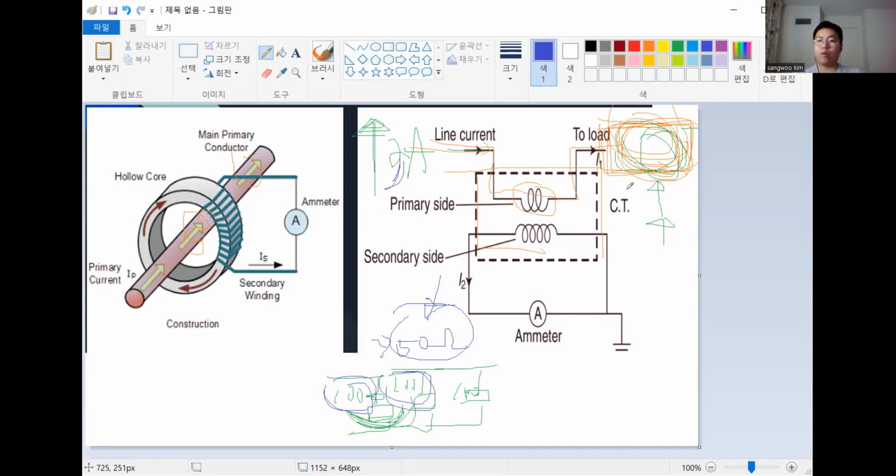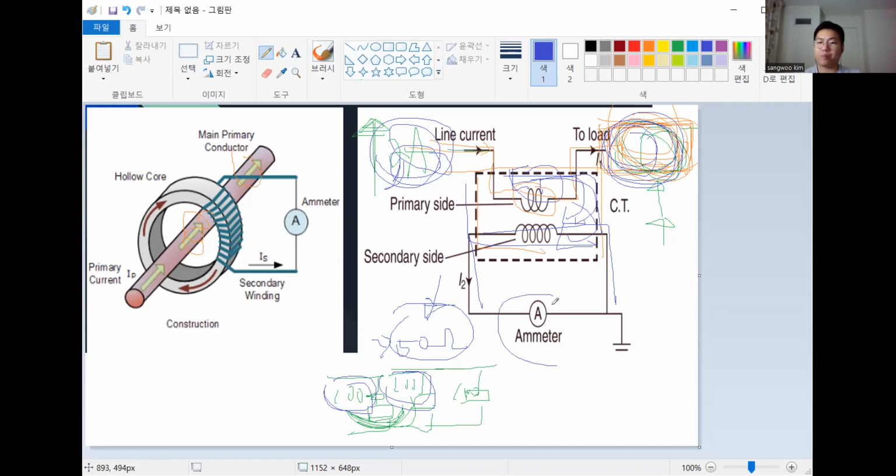Okay, so look at that. Since the load is here, the current is affected from here, the primary side. But I said the secondary part, it moves to here, right? These energies or currents move here.